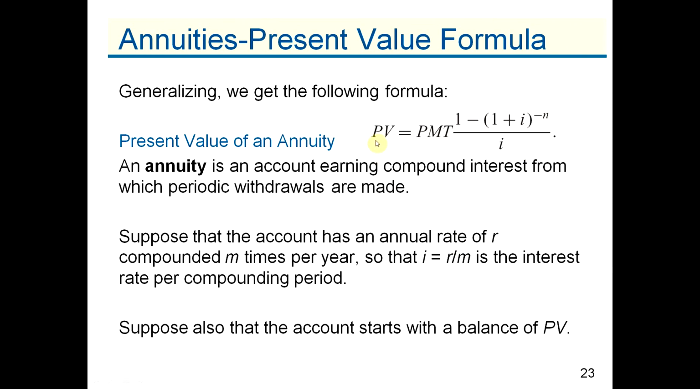So I've got my present value at any one time is going to equal the payment amount that I'm receiving times this fraction. So the numerator you're going to once again want to put inside a parentheses. It's 1 minus (1 plus i) to the negative n, all over i, where i is r over m and n is mt, just like it was for compound interest formulas.